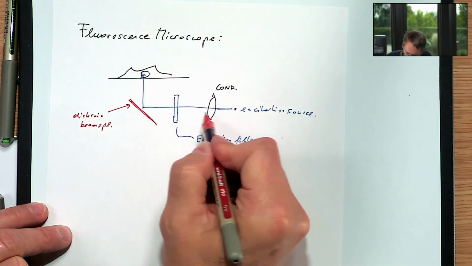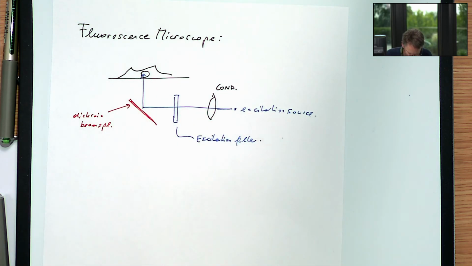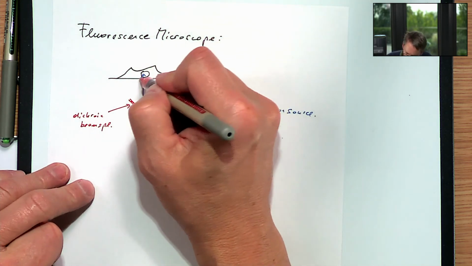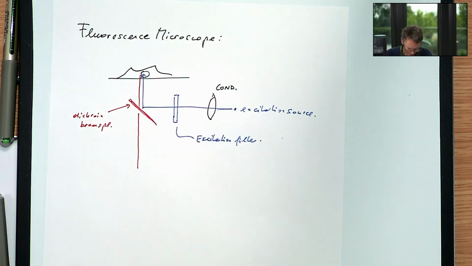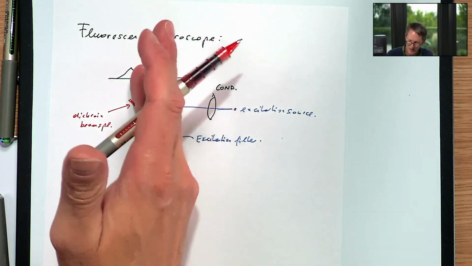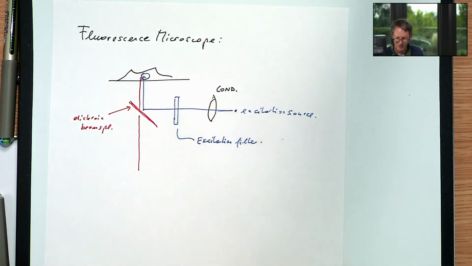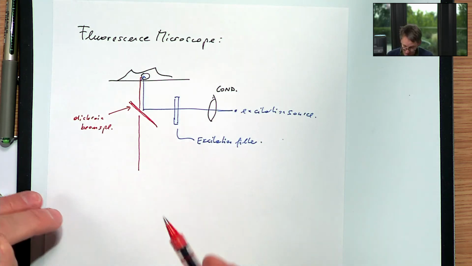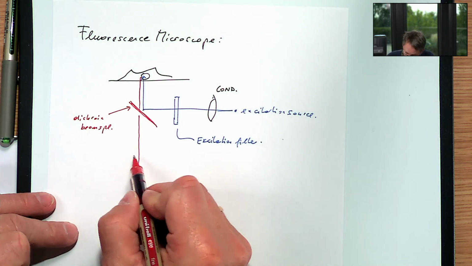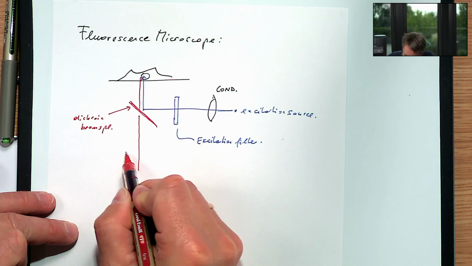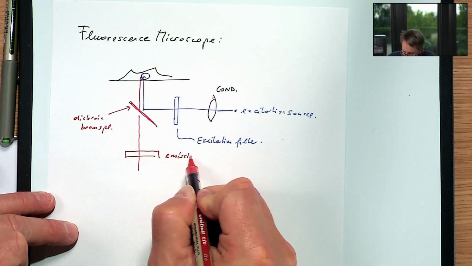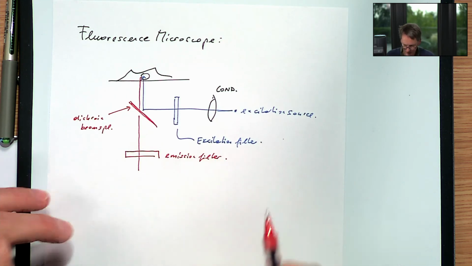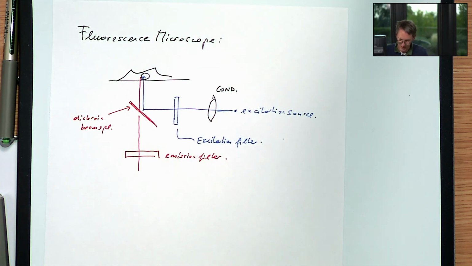It reflects the excitation light up onto the sample, the blue light, and then the red shifted fluorescence light, it will actually be transmitted through that dichroic filter. So that rejects the excitation light that may be scattered off the sample to come back and reduce contrast. And you can further increase the contrast by putting what's called an emission filter in here. And that passes the fluorescence signal.